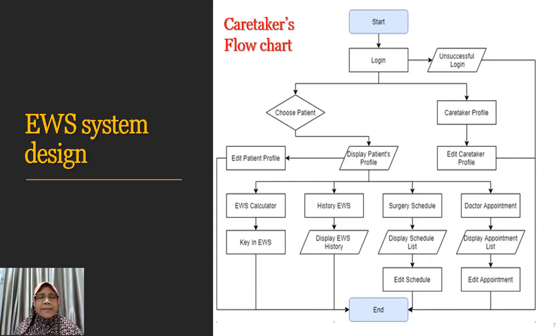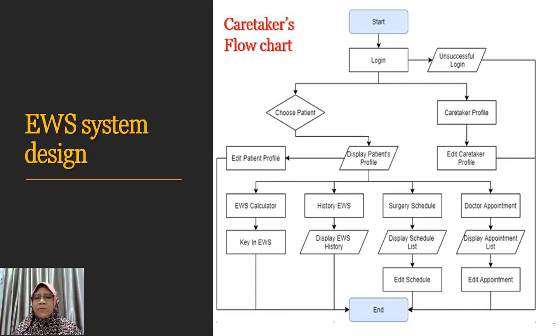The EWS system design can be described by looking at the flow chart of the caretakers or the users. There are two types of users for the system, the caretakers and the super admin. This flowchart is meant for caretakers, where as a start, the user needs to log in to the system.